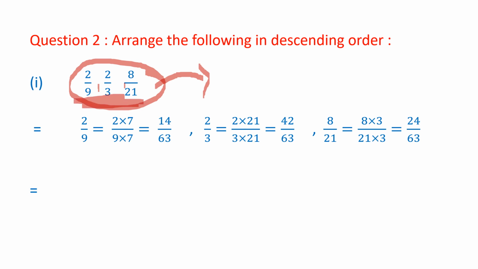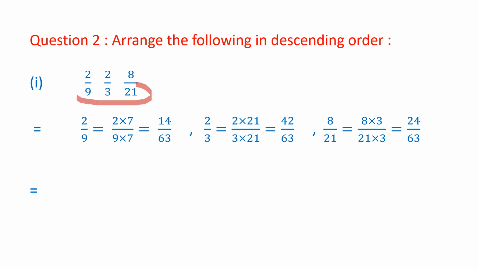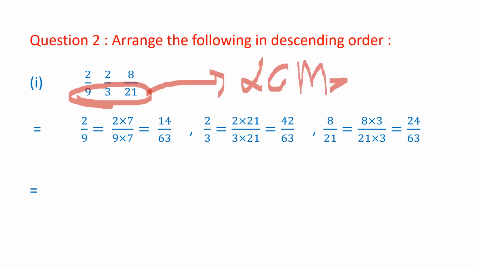If the denominators are not the same, you have to make them the same. Why? In order to convert these fractions into like fractions, right? So first of all, to convert it into the same denominator, you should find the LCM. And what is the LCM we found? We found that the LCM is 63.